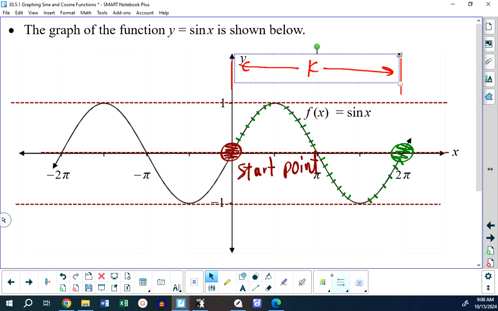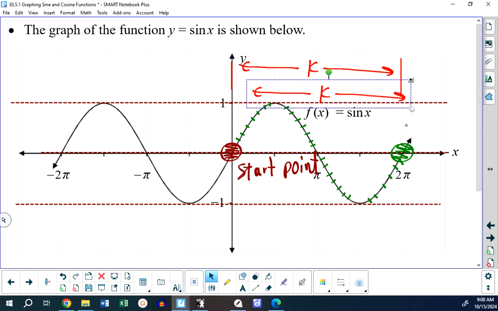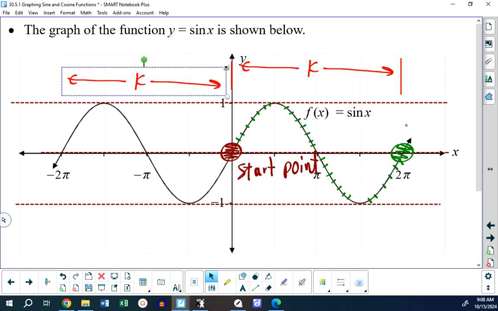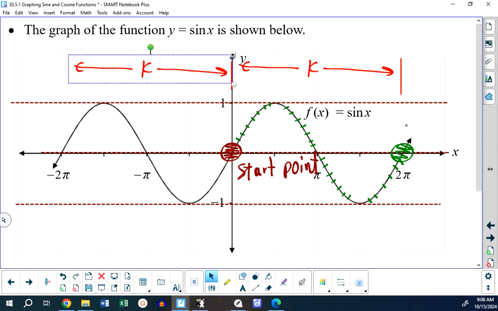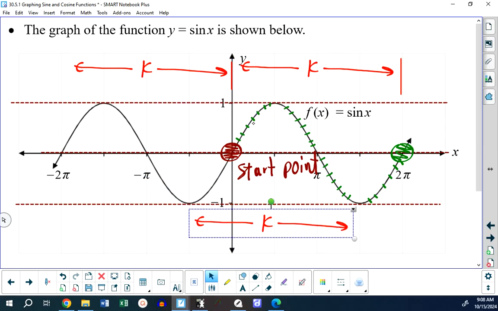I would like everybody to note that this happens to be K. And this happens to be K. And no matter where you label it, the period covers 4 sections of the curve.